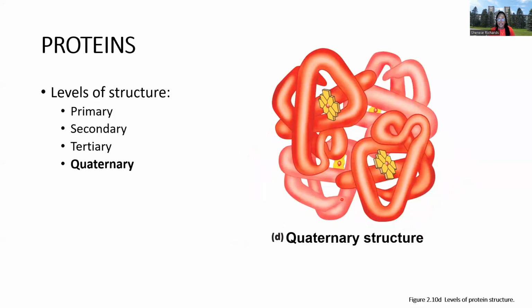And then lastly is the quaternary structure. This is really the ultimate putting together of all the pieces of the puzzle, where we have lots of different tertiary, secondary, and primary structures happening individually and then coming together to make one giant protein structure. One of the famous examples of this is hemoglobin.